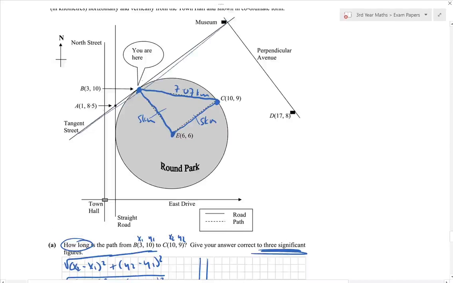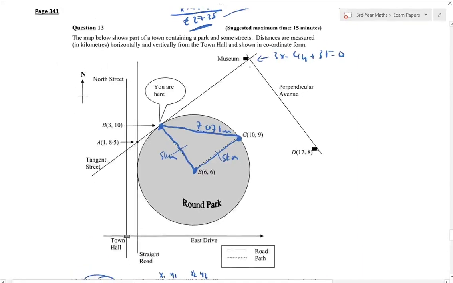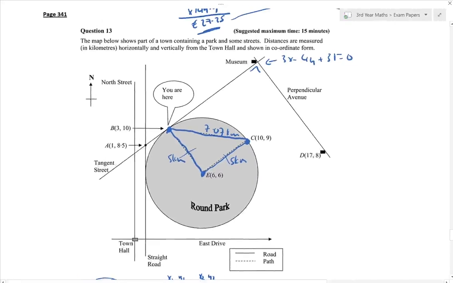Okay, so 3x minus 4y plus 31. The next thing we have is Perpendicular Avenue. Perpendicular Avenue is perpendicular to Tangent Street, and it says it passes through the point 17 and 8. Find its equation.